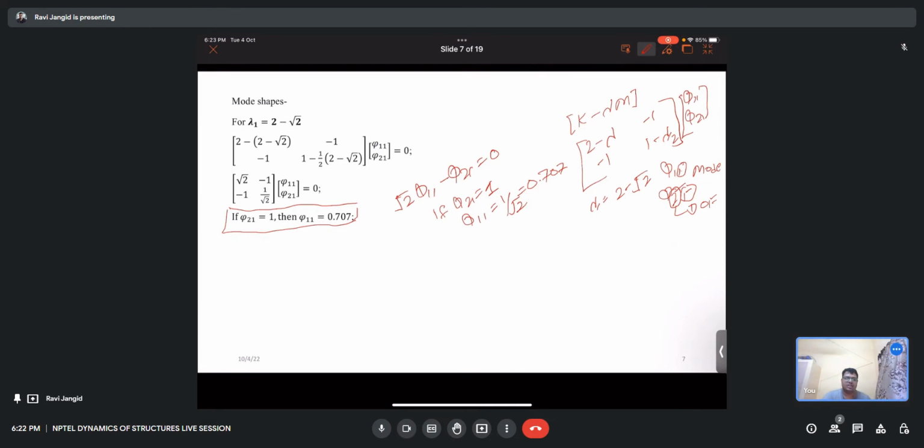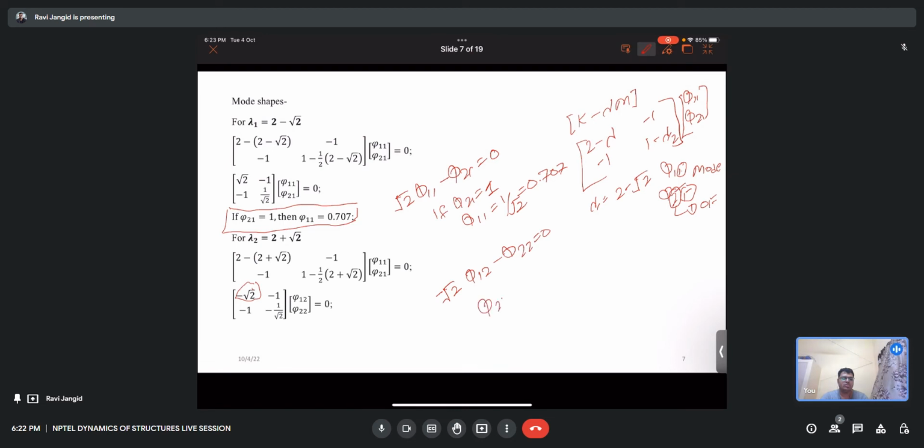Now in the same way I need to find the mode shape corresponding to the second mode, where lambda 2 is equal to 2 plus under root 2. Now this equation will change: in place of the minus I will put a plus, and only the diagonal elements are changing. So for this I can again write the equation: minus under root 2 phi 12 minus phi 22 is equal to 0.